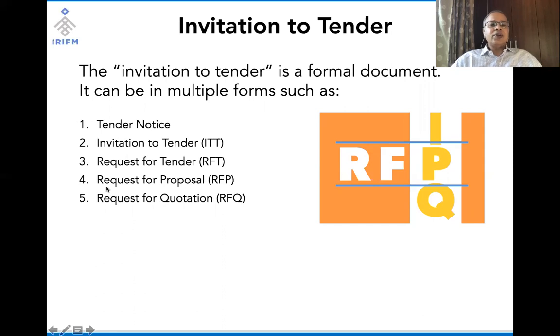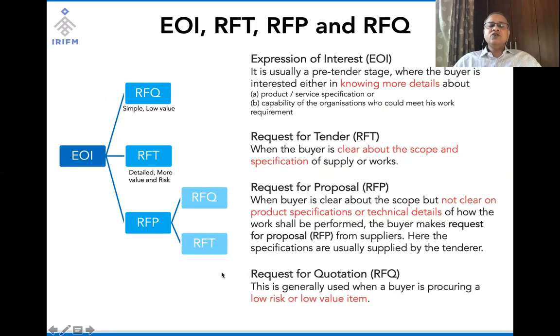Some people also use the term request for proposal. And sometimes people also use the term request for quotation. So RFX, where X could be T, P, Q, etc. These are all forms of invitation to tender, and we're going to discuss the difference between each of these.